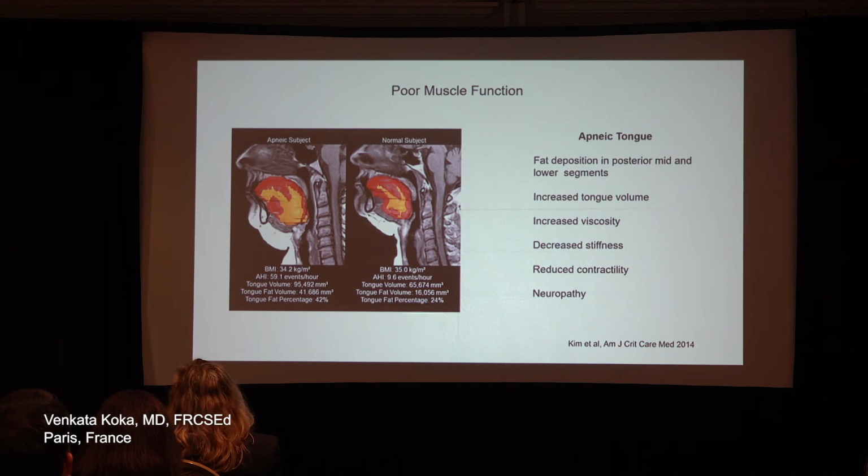Here, BMI matched people. These two are the same. This guy's BMI is 35. Here is 34. Yes, the tongue volume is 95. Here 65 millimeters squared. Here tongue fat volume is higher, and here AHI is 59. Collapsibility is more here, and this patient has less. This is only mild, 9 to 10.